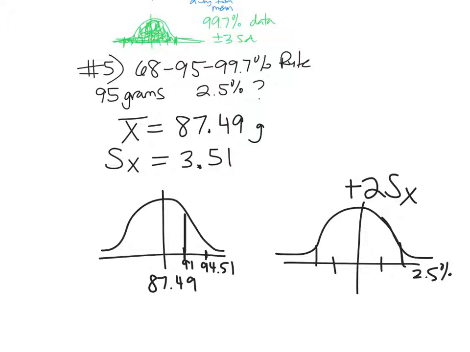Because it's out of 100%, right? So I'm missing 5%, but I have 2 sides of this. So 2.5% are over here, and 2.5% are over there. Does that make sense to you?